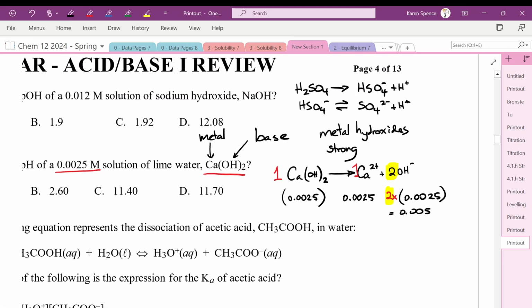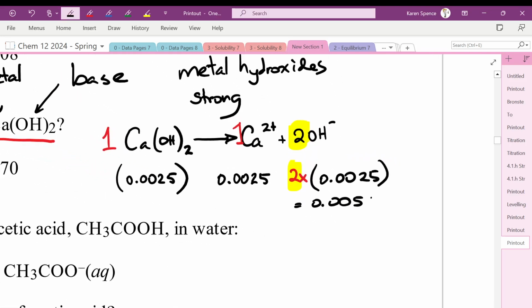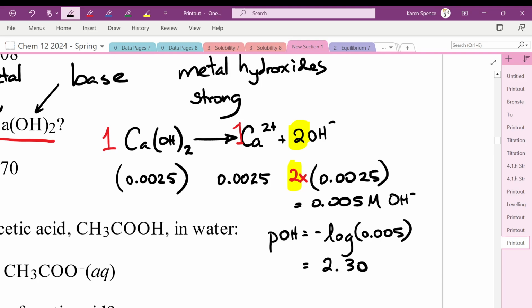Now, if we want to find the pH, I would start probably easiest to find the pOH and then transfer that into pH. So this is hydroxide. So our pOH is the negative log of 0.005, and we get 2.30.